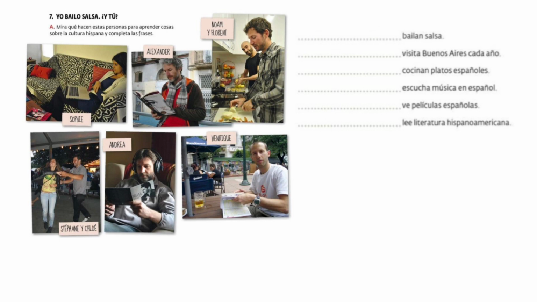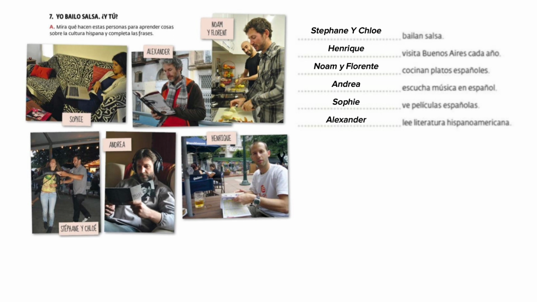So you have to only write the name of the persons seeing the image, whatever they are doing, like bailan salsa, visita Buenos Aires cada año, like that. You have to match these given list with the names of the person doing these activities. Okay, now your answers will be displayed in 3, 2 y 1.